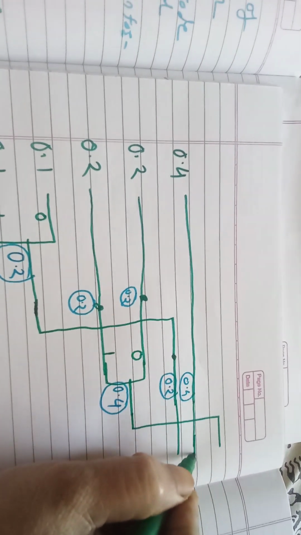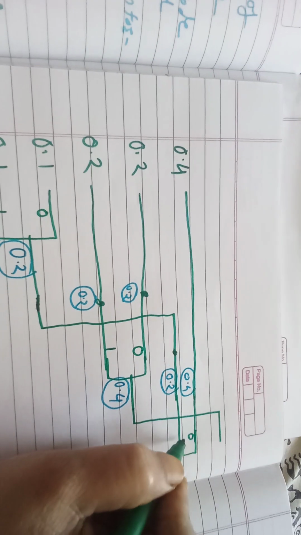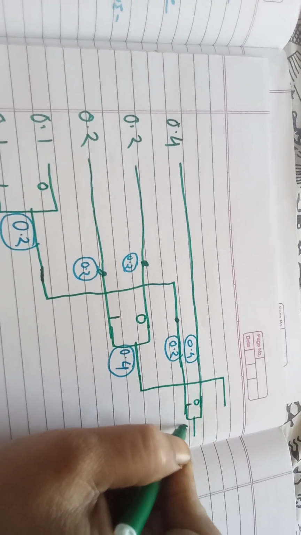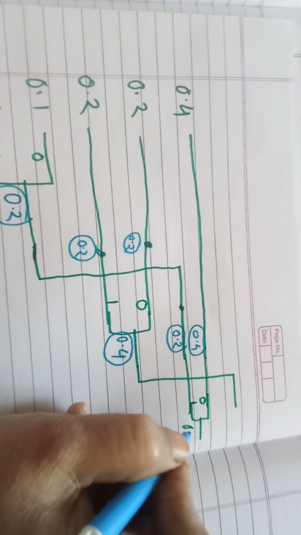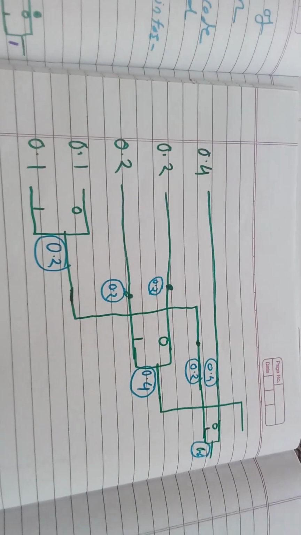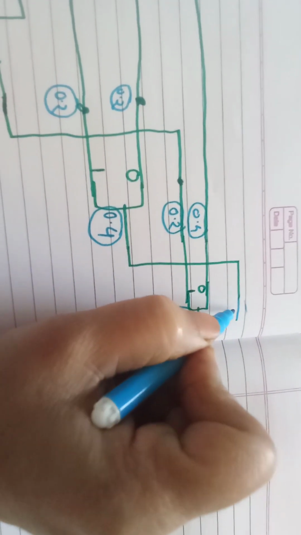Now after this you can do the addition. So 0, 1. Now here you are getting 0.6, and this is 0.4.